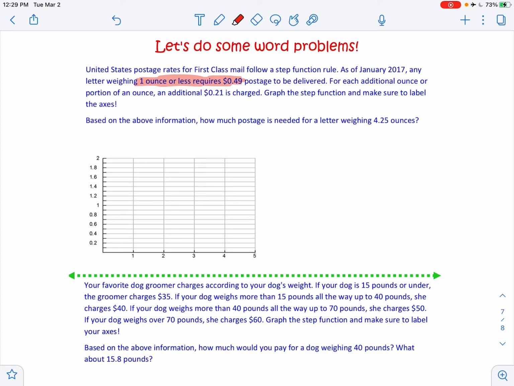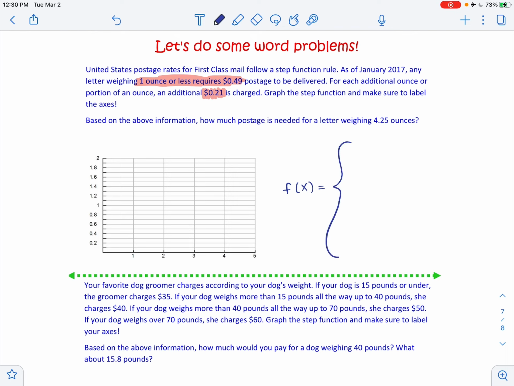After that, I'm going to pay an additional 21 cents per ounce or portion of an ounce. So as soon as I go over 1, if I'm 1.01 ounces, I have to pay that additional cost. So as I write a step function here, I'm going to consider these two things.